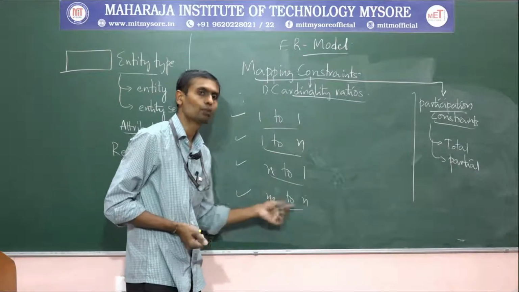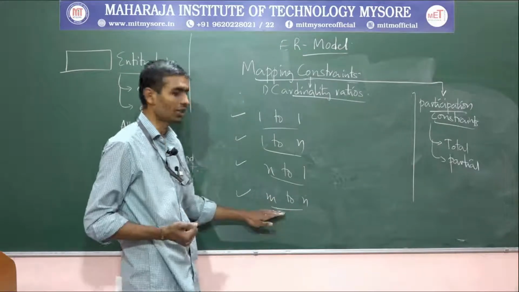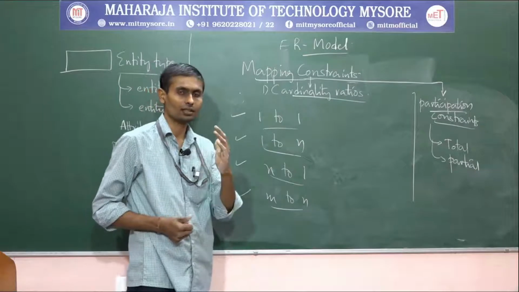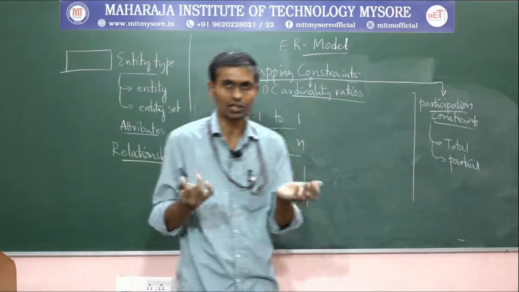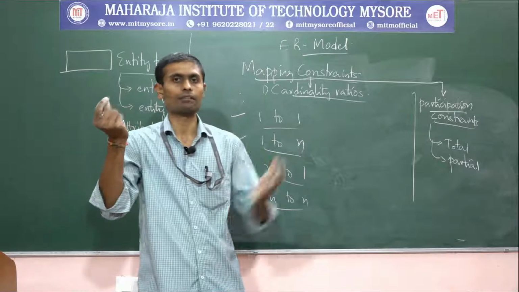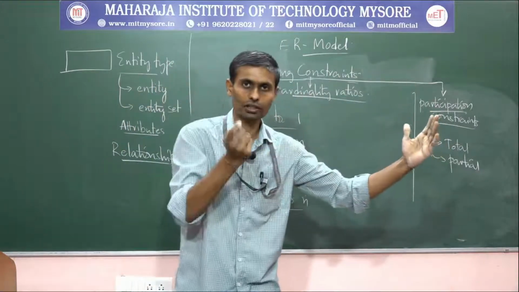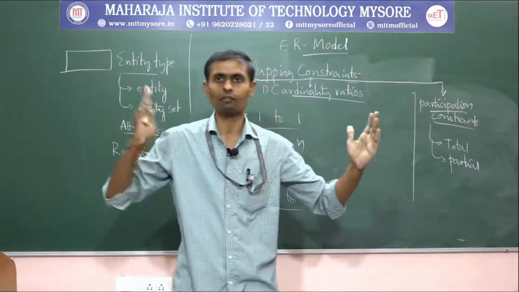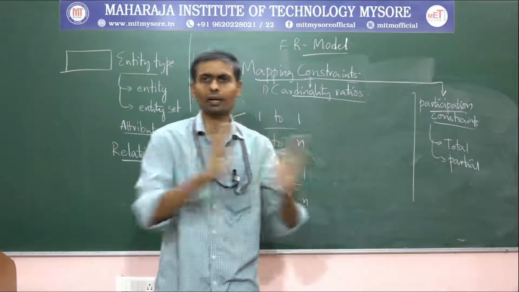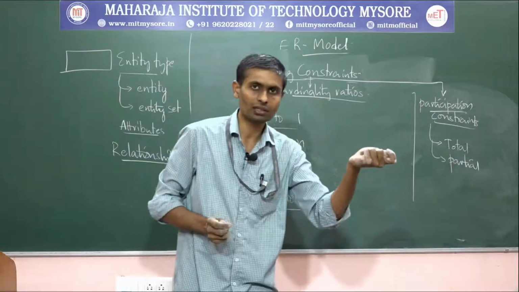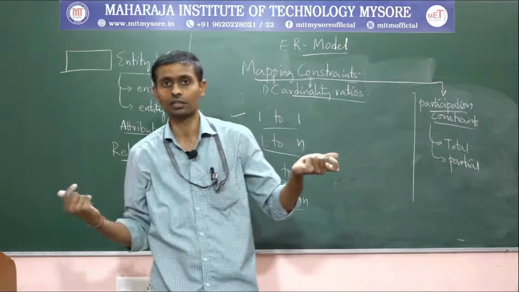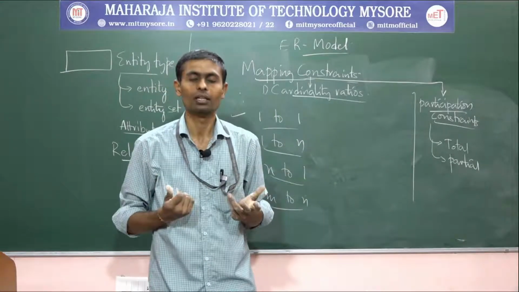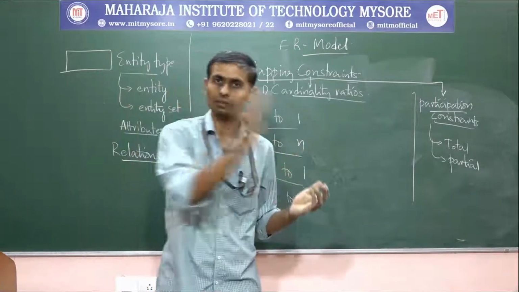Basically this m to n, many to many cardinality, is created in the situation that one instance is connected with many instances of the other entity type through a relationship type when we read it from left to right. But when we read it from right to left, one instance of this entity type is connected with many instances of the other entity type, then we call it 1 to many from this end.